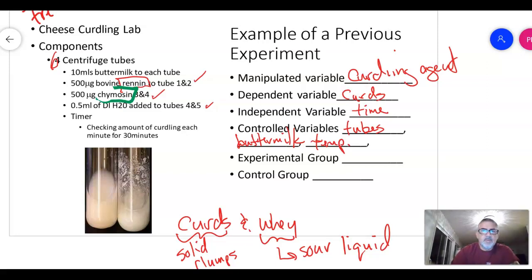My experimental group has the curdling agent, and my control group has the DI water. We add the DI water so the volume is the same in each, so we can put volume here as a controlled variable. So that's how I would set up an experiment, and I would do the experiment based on that. All right, so pretty quick, pretty easy. I will talk to you soon.